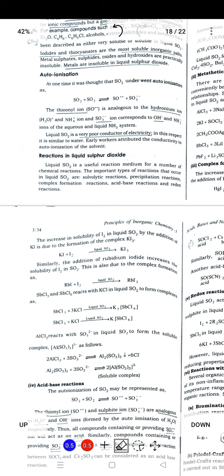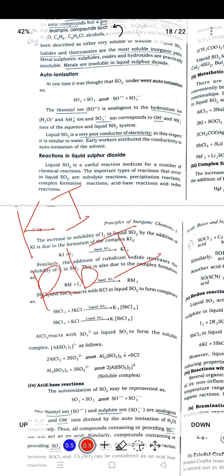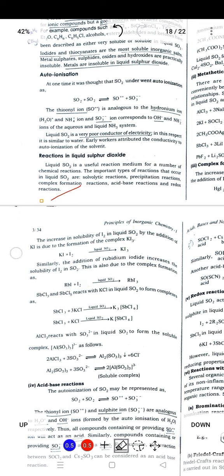Rubidium iodide increases the solubility of iodine in SO2. So the solubility of iodine in sulfur dioxide can be increased by potassium iodide, also rubidium iodide. Clear? Right.